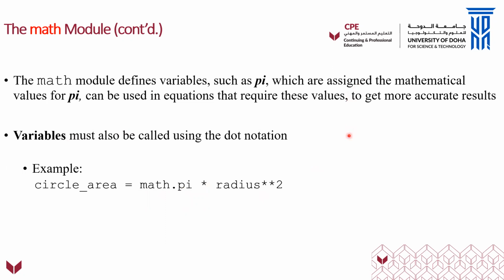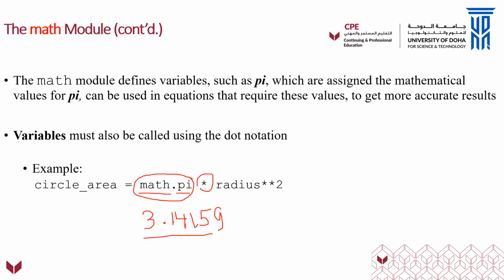So the interpreter will do the following. This variable, which exists in this module, will be replaced by 3.14159. This is a rounded figure.